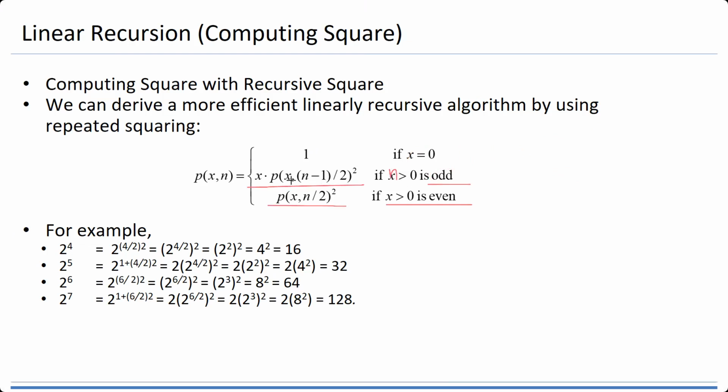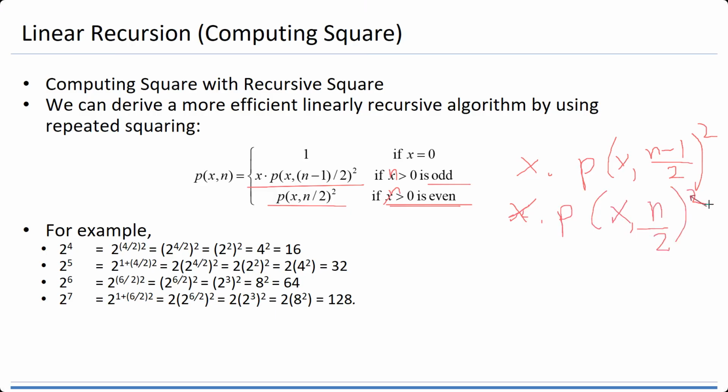So what does it mean? If you look at this one, it is x multiplied by p of x comma (n minus 1) divided by 2, and then we have the power of 2. If n is higher than 0 and it is even, then we will do p of x comma n divided by 2, and power of 2.